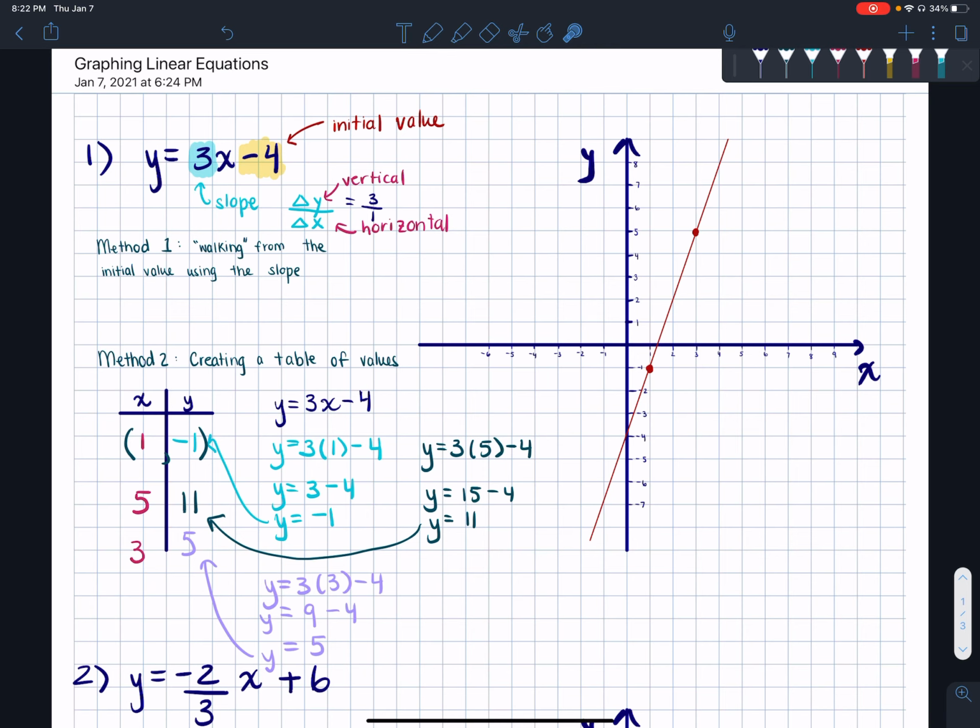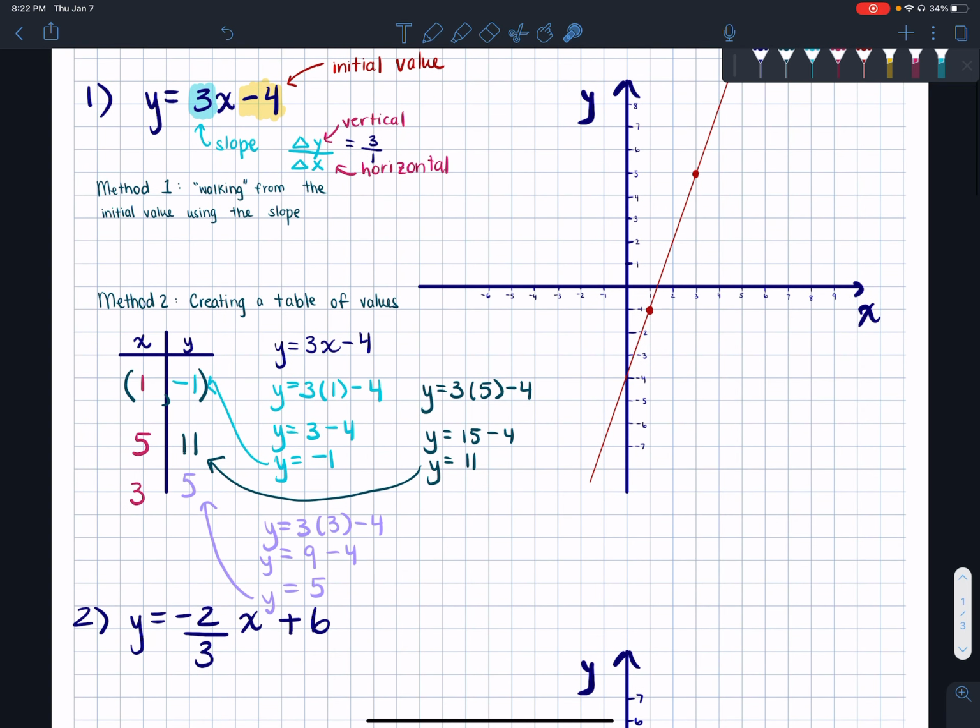Another thing I want to mention is that in this example, we were choosing x values and then finding the y values that went with them. But you could also choose y values and find the x values that go with the y.